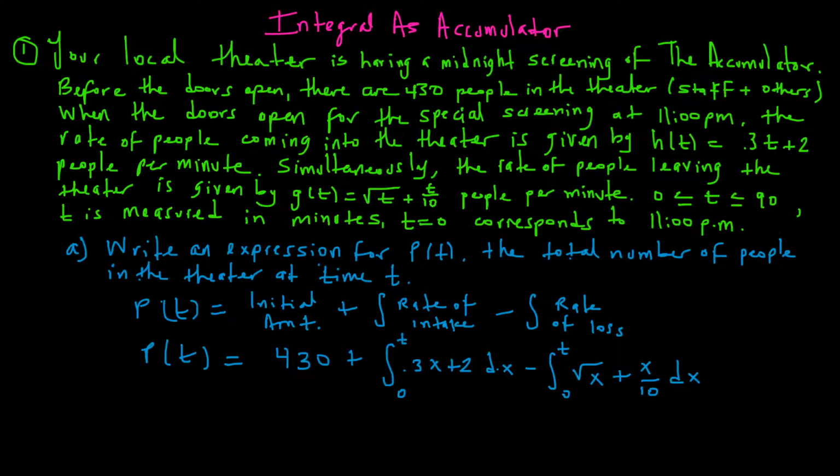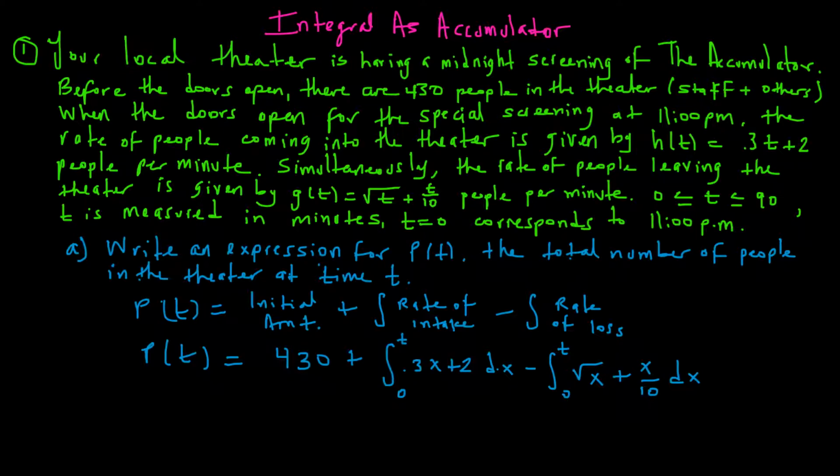This could be people coming into a theater, it could be mosquitoes flying in to a house, it could be anything really. But you have a specific initial amount, then you have more amount coming in, and then you have some amount leaving a container, and then those are the three elements.